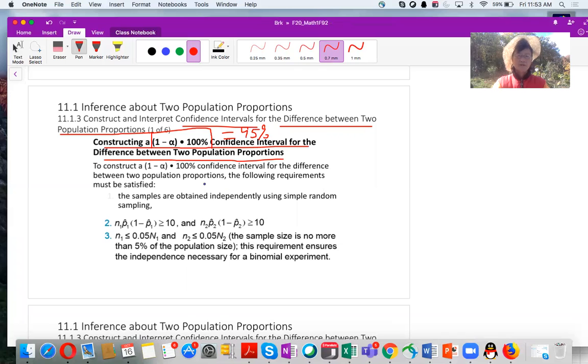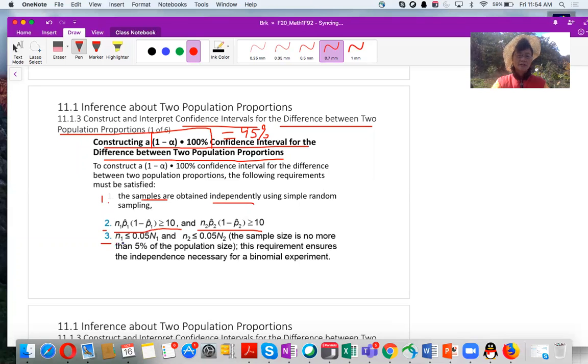And then first, we must state the requirements. Three requirements. One, samples are independently selected. Two, n1 p1 hat times (1 minus p1 hat) greater than 10, and n2 p2 hat times (1 minus p2 hat) greater than 10.